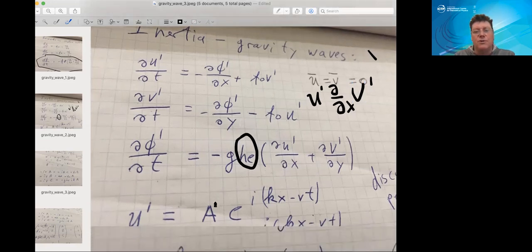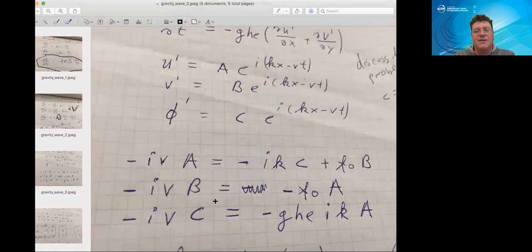So what do we do if we have such a situation? As you know, we insert solutions that we know very well, so sine and cosine. This is always the same procedure. We have a linear homogeneous set of equations. We can assume that sine and cosine may solve these equations.